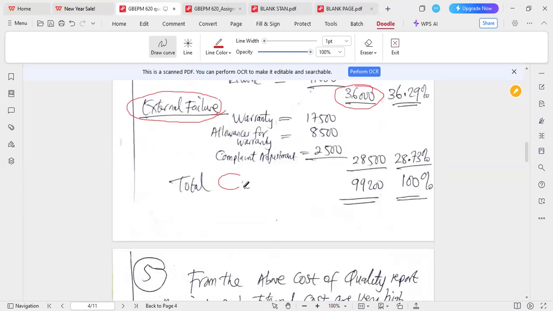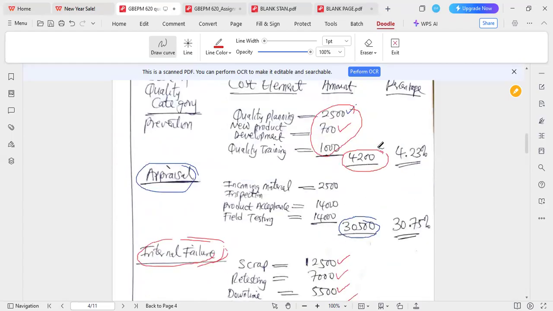Total cost of quality. Okay, so total cost of quality, we have that amount, 99,200.